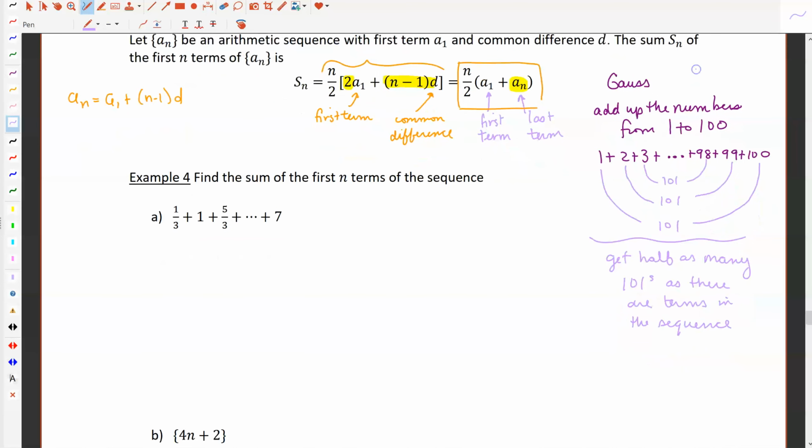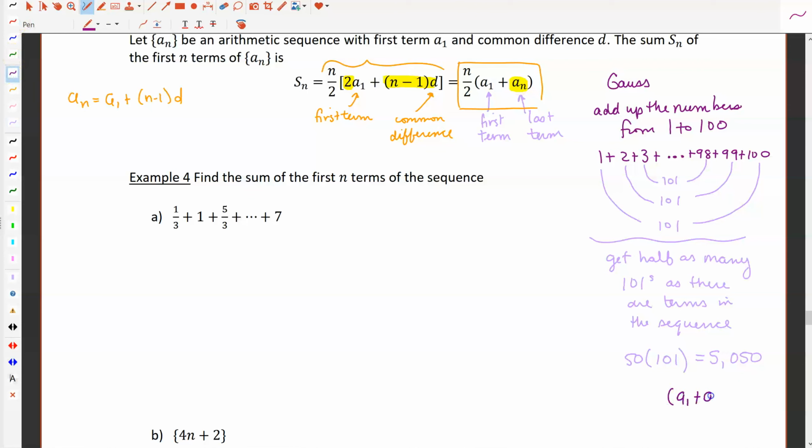So he reasoned, okay, so I'm going to have 50 sets, or 50 pairs, of 101. And this isn't too difficult to multiply through, so we get 5,050 is our sum.